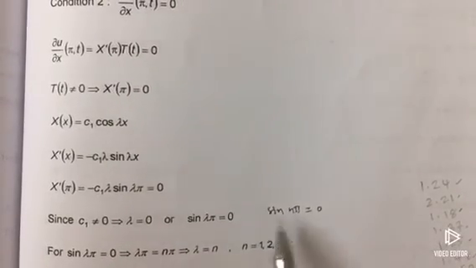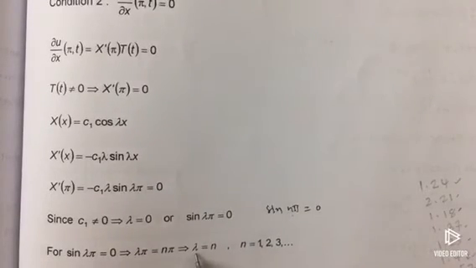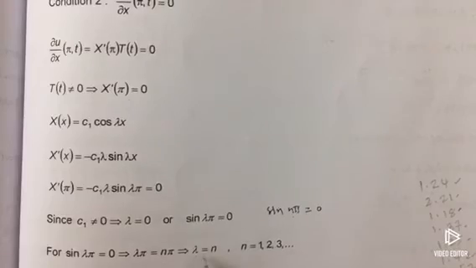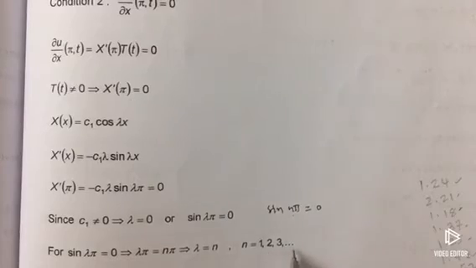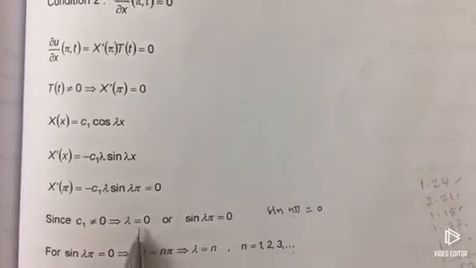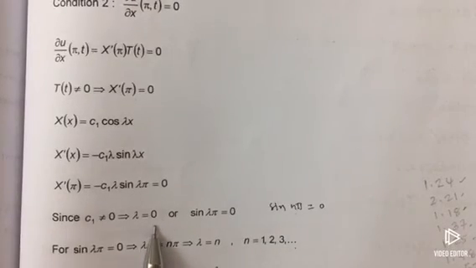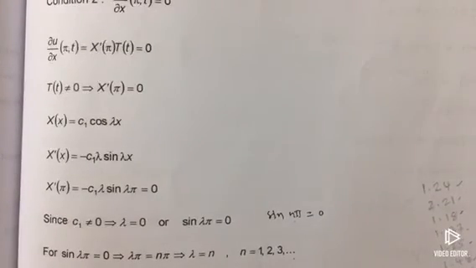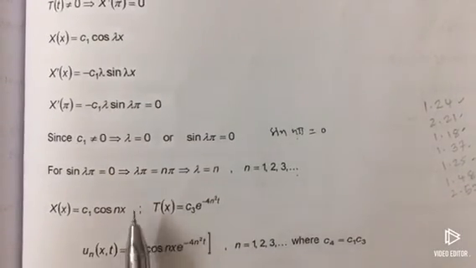Comparing n pi and lambda pi, canceling out pi, we get lambda equal to n for n equal to 1, 2, 3. Later we will discuss lambda equal to 0. So we carry on with sin(lambda pi) equal to 0.